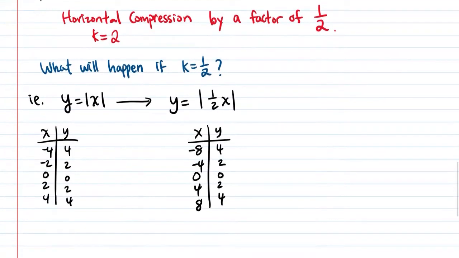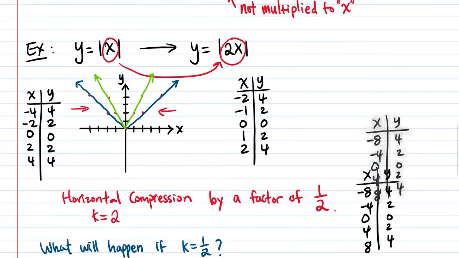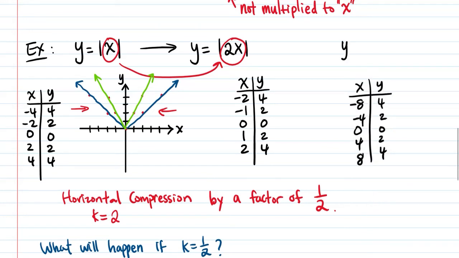We can plot the points on the same grid as the previous example. That is for y is absolute value of 1/2 x. I'll use purple this time. Since -8 is over our grid, let's start with -4 and 2, which is over here. 0 and 0 over here. 4 and 2 right over there.